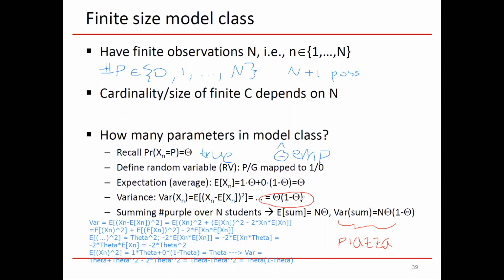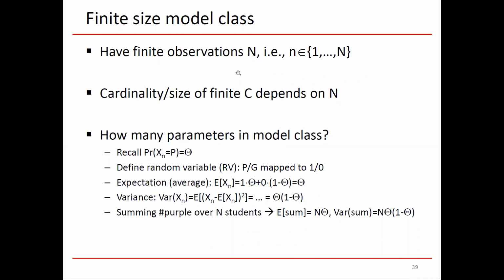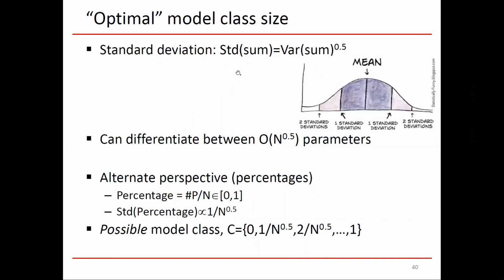That's for a single random variable. And when we're taking n random variables, the expectation is linear in n, the variance is linear in n. So now let's think about the optimal, in quotation marks, model class size. The standard deviation is the square root of the variance.